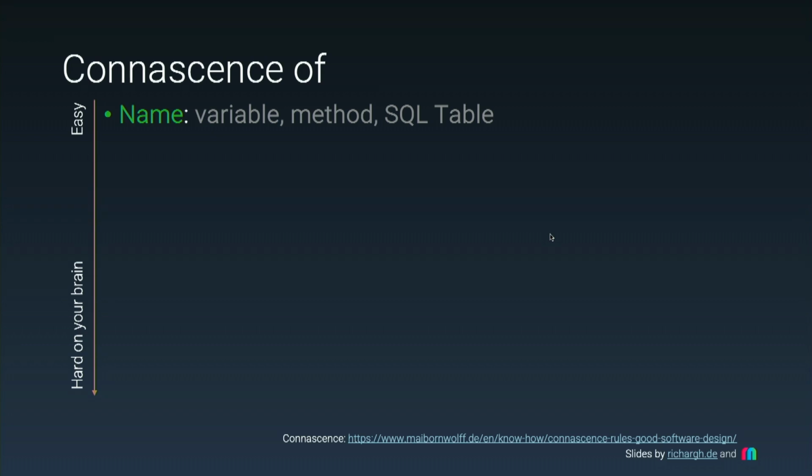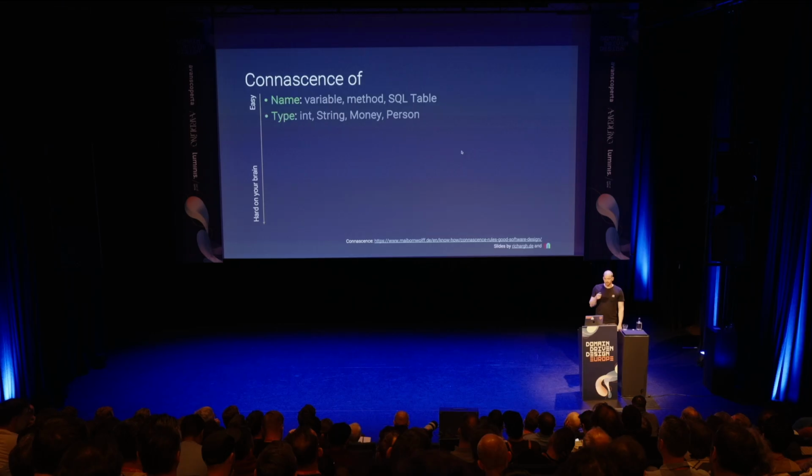If I have a domain object author and I have a SQL table author, they usually have to have the same name. It's a connaissance of name. Type. If I expect an int, I always want an int. There are programming languages where you can kind of skew this and just pass in a string and it will sort of coalesce it to an integer, but for the most part, you want the type to match.